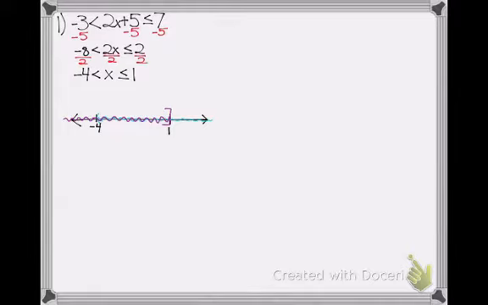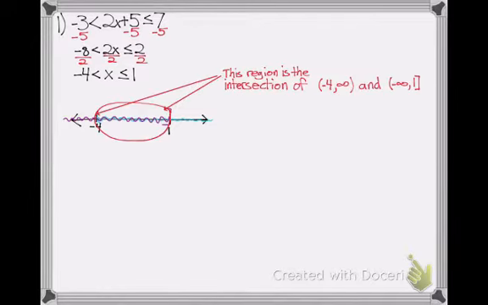Now for an "and" inequality, that is a conjunction, we want the set of all x values which are both greater than -4 and less than or equal to 1. Where that falls in this picture is the region between these two, that's shaded both purple and blue.